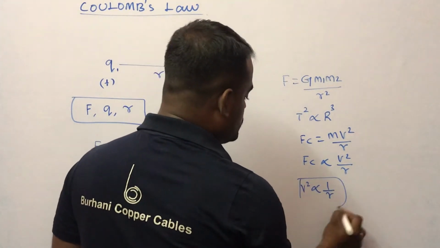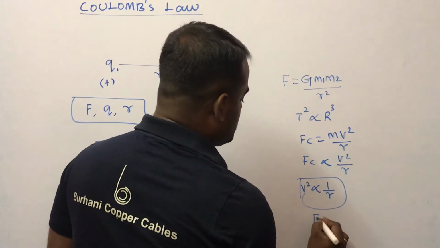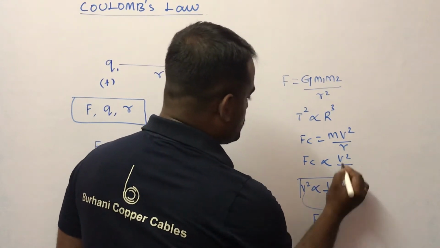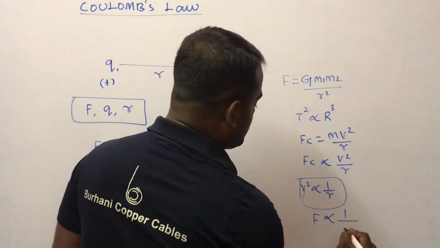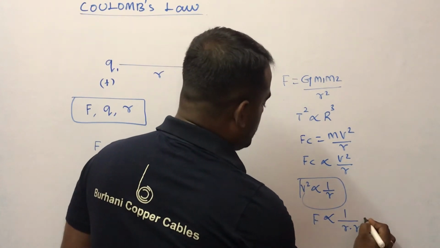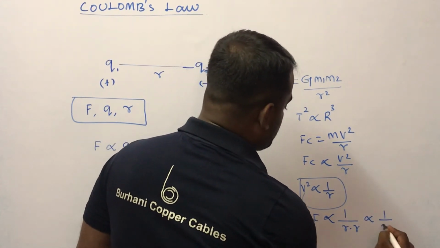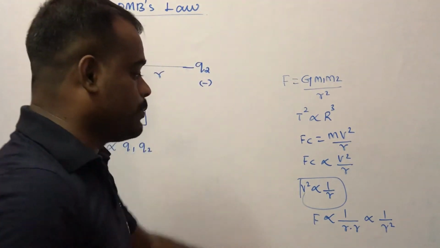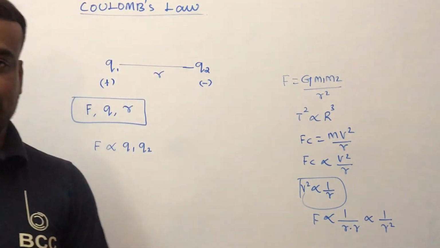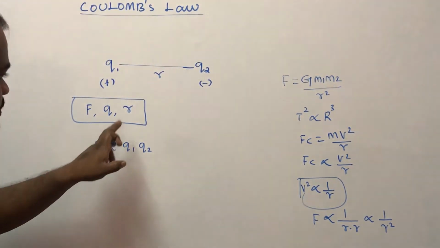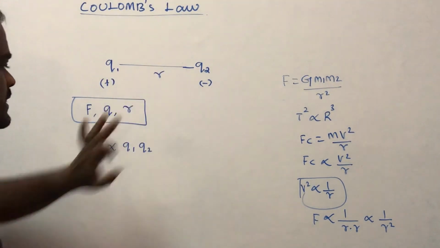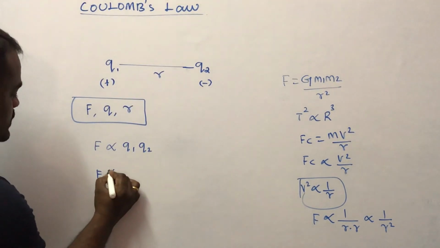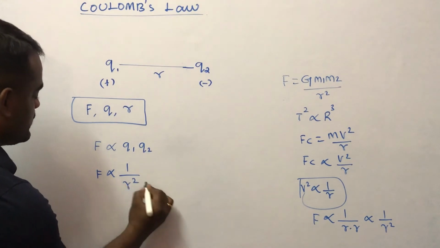We substitute this value here: the force is directly proportional to v squared, which is 1 by r. Already we have r, so the force is inversely proportional to the square of the distance. The same we use here: inversely proportional to the square of the distance.